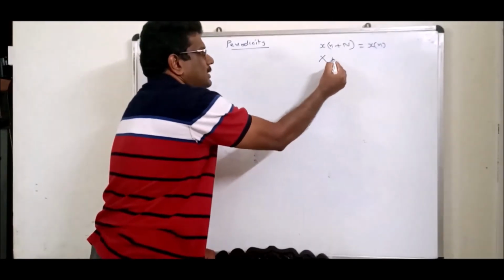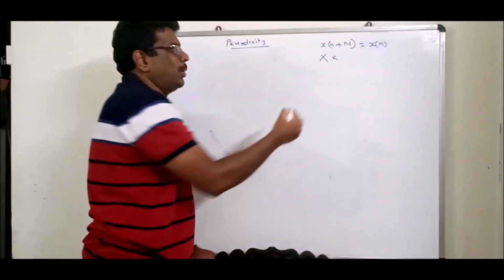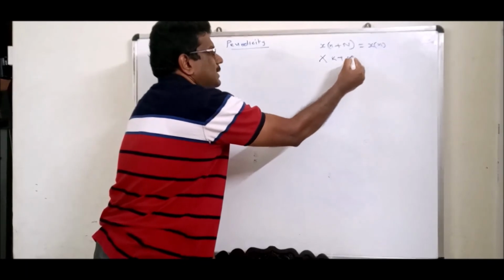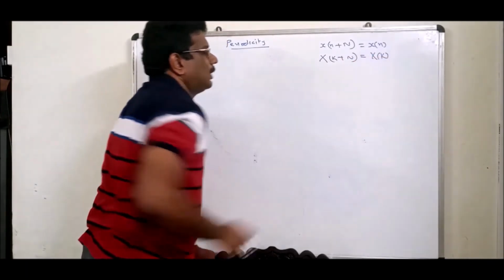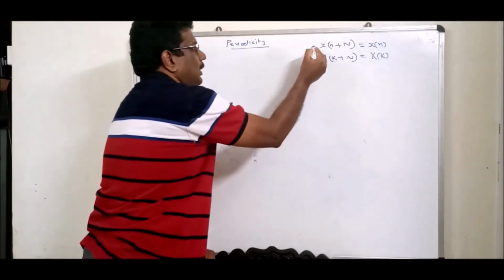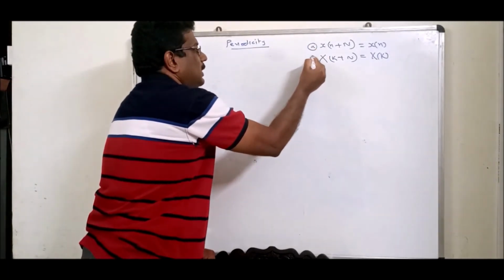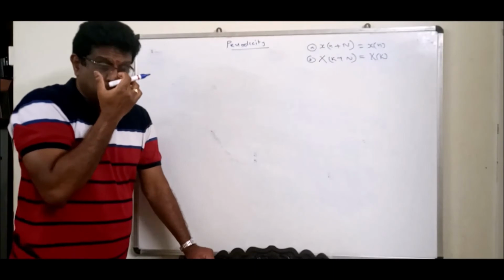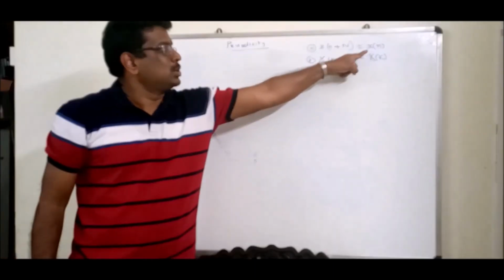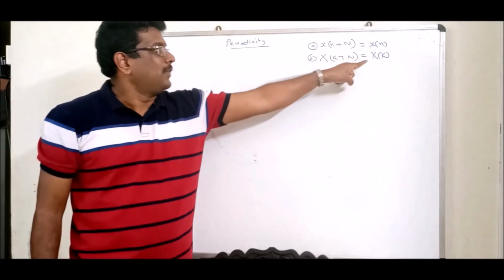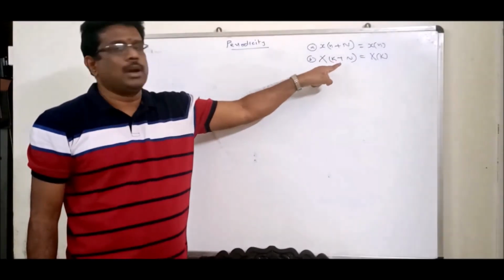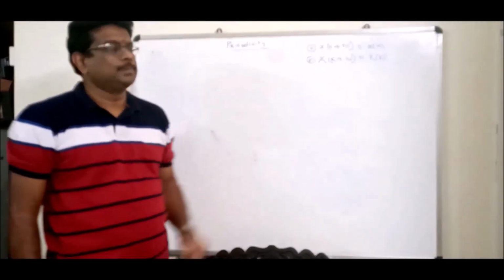Not only in time domain, even in frequency domain also, plus N will resemble the same. So there are 2 properties in this periodicity, A and B, which means the time domain obeys periodicity, adding N results the same, and the frequency domain also obeys the periodicity, adding N results the same.